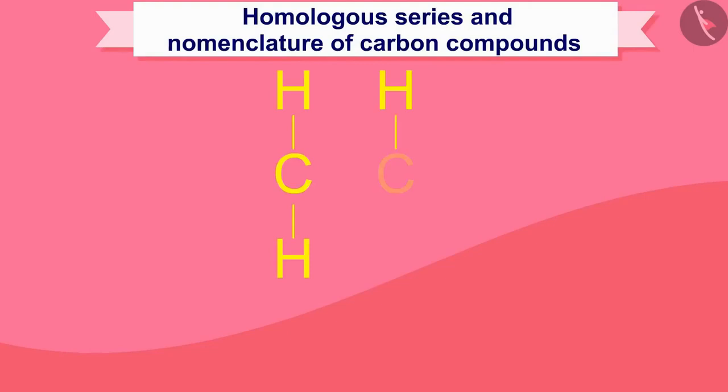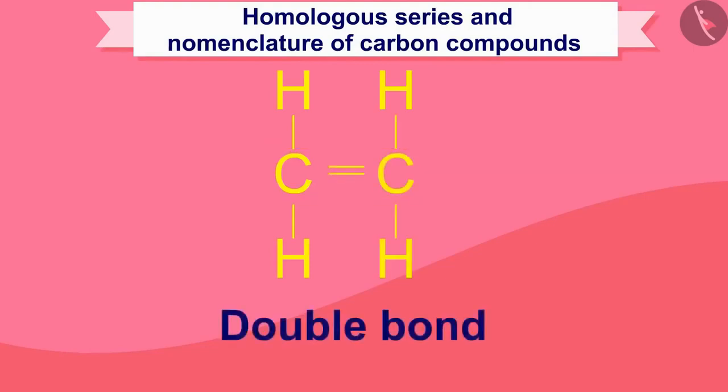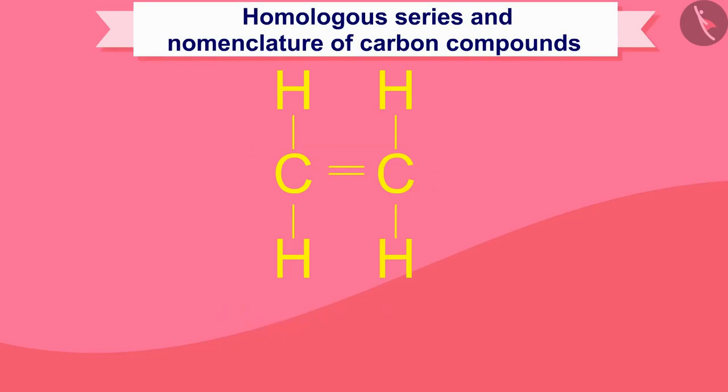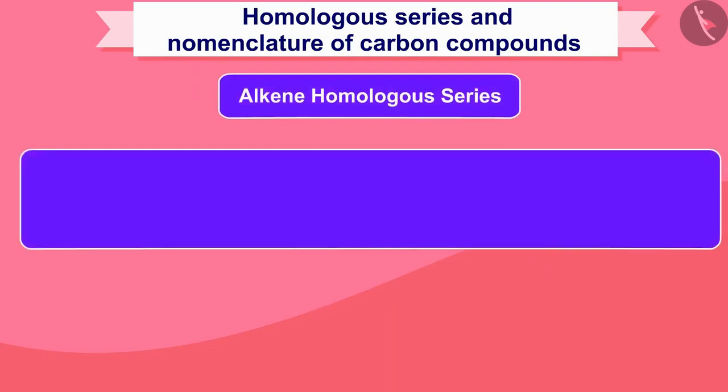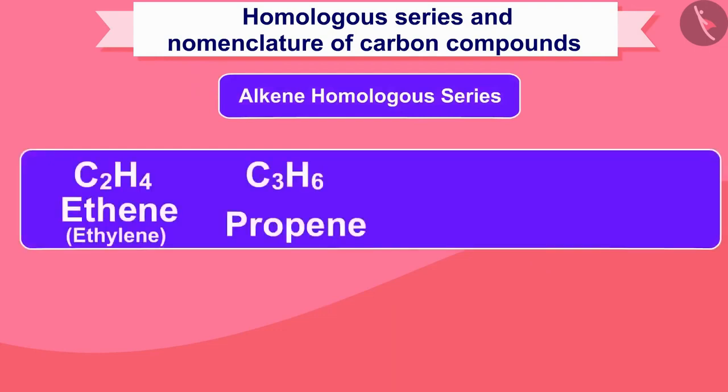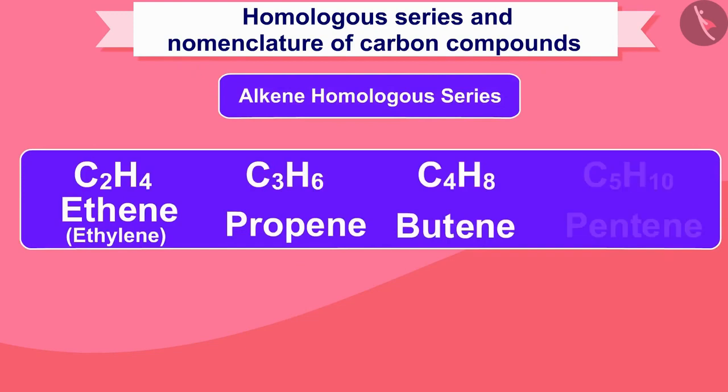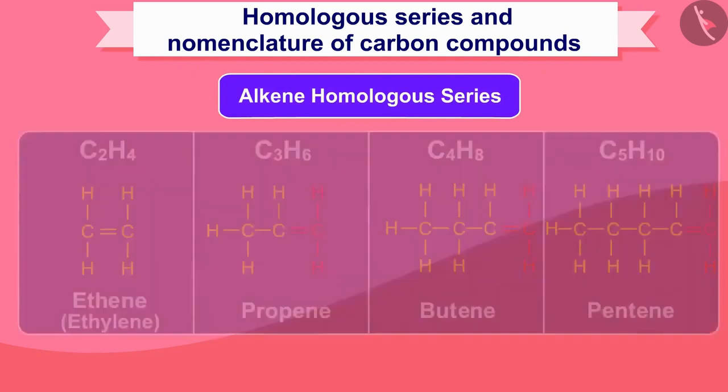If the hydrocarbon compound contains a carbon-carbon double bond, then that category will be called alkene. That is, "ene" will be added at the end of the name. For example, ethylene, propene, butene, pentene, etc.